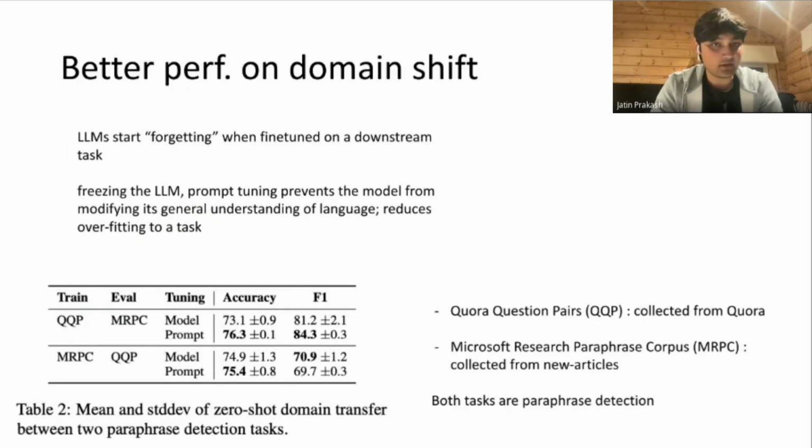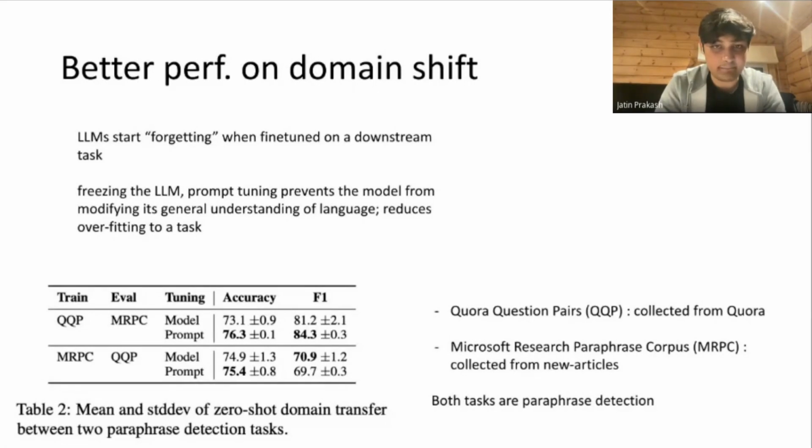Another thing the authors evaluate, for prompt tuning versus fine tuning, is performance on out-of-distribution data sets. In this table, we learn a prompt on one paraphrase detection data set and then test it on some other paraphrase detection task.